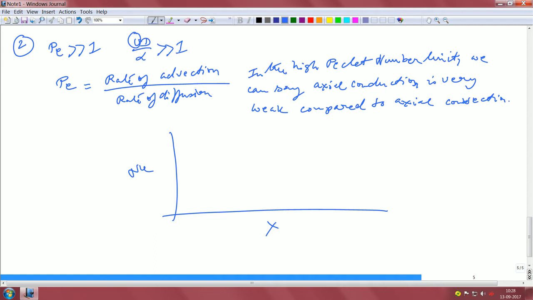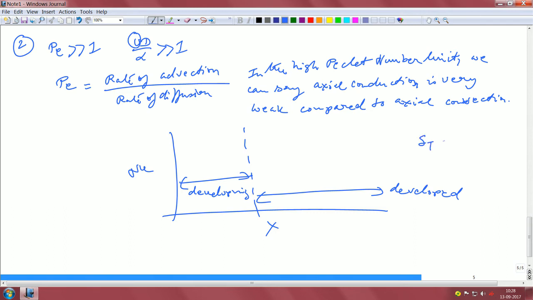Intuitively, let us say this is the developing region, and this is the developed region. So, we are looking at the Nusselt number in the fully developed region. Now, in the developing region, we all know that the boundary layer thickness is growing. It has not touched the middle of the pipe as of now.